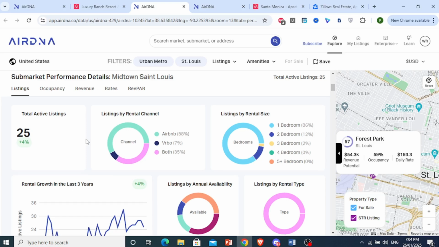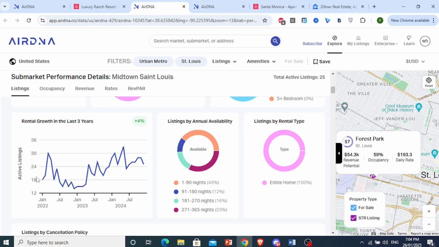And now here, if you scroll down, you'll see rental growth in the last 3 years. So you can see how many properties are being listed. And it seems like right here, it could be a bit seasonal around these months. So they have been going off listing right there. And if you look at listings by rental type, usually people just list the entire home.